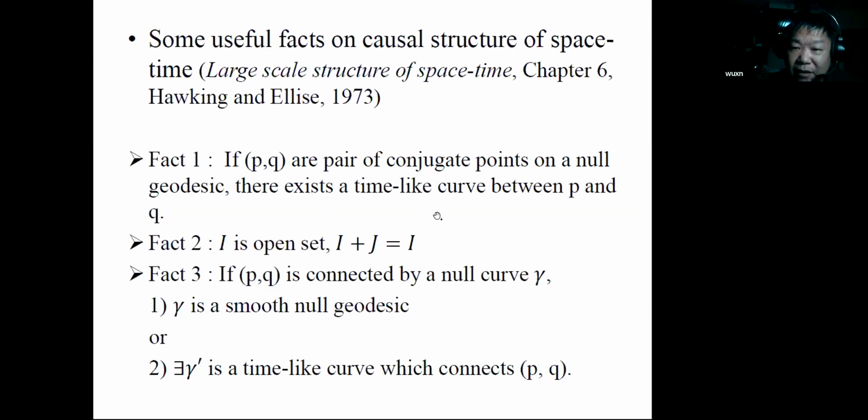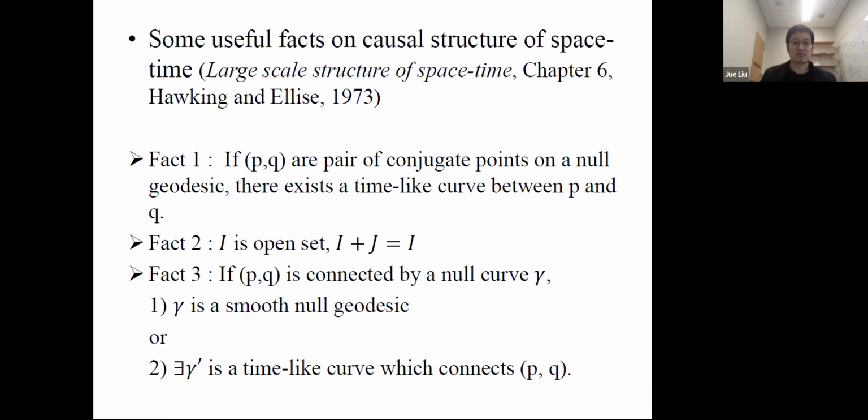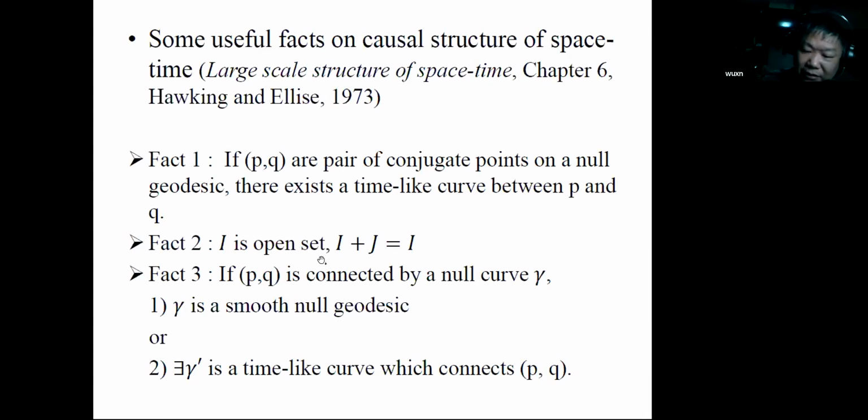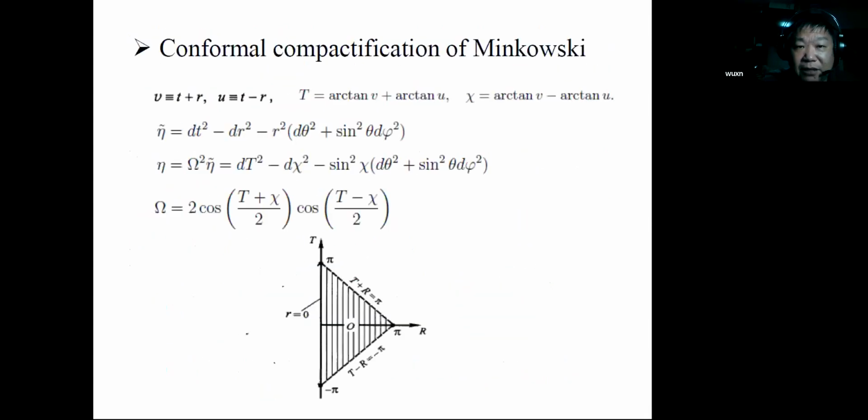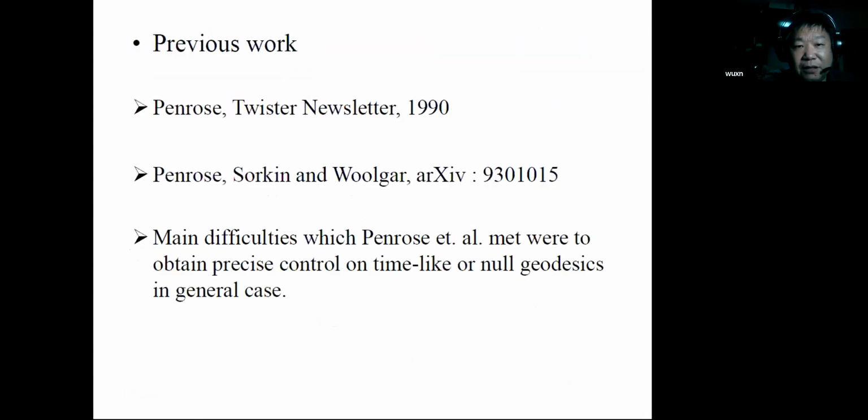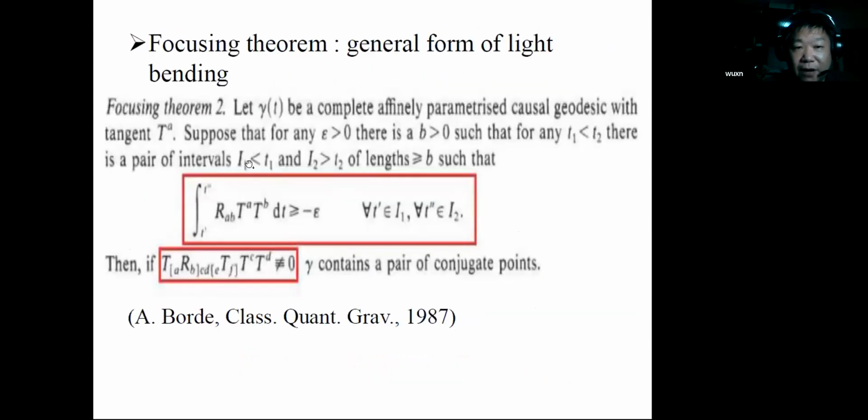But since the null geodesic just goes inside the spacetime, and the spacetime satisfies the Borde focusing theorem, and the geodesic is complete because the whole geodesic just belongs to the neighborhood of the spatial infinity, based on the focusing theorem of Borde, there must be at least a pair of conjugate points.